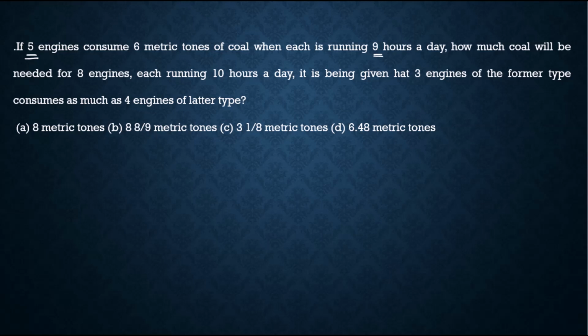So we have two types of engines, engine type 1 and engine type 2. The amount of coal consumed by the first engine type, 3E1, is equal to 4 engines of the later type, 4E2.